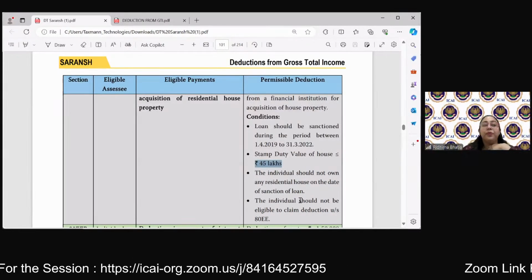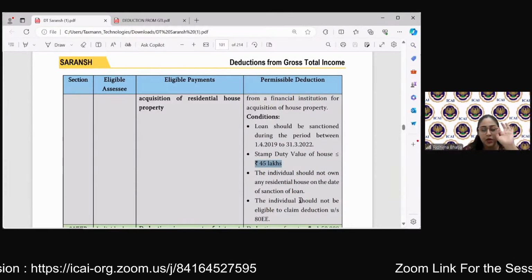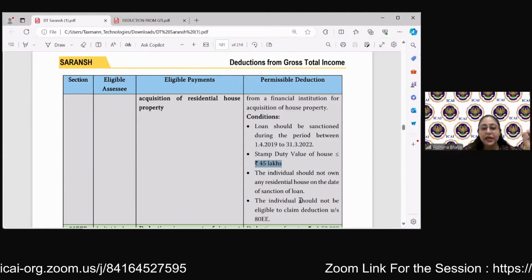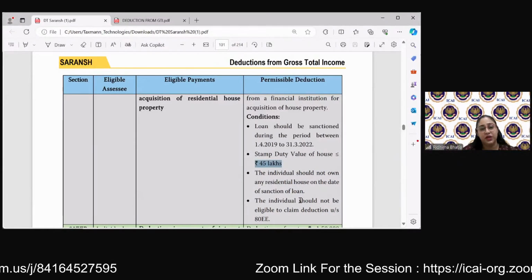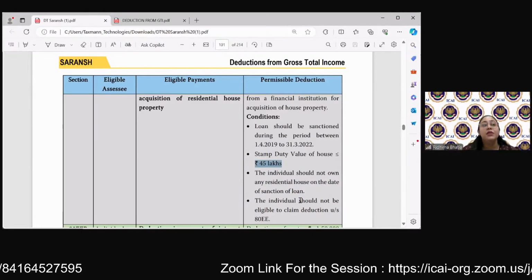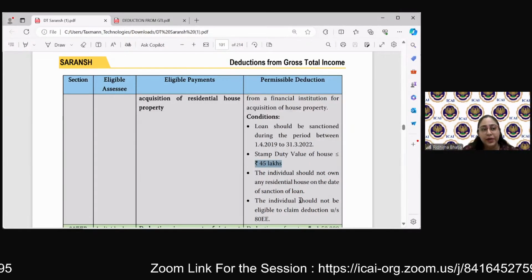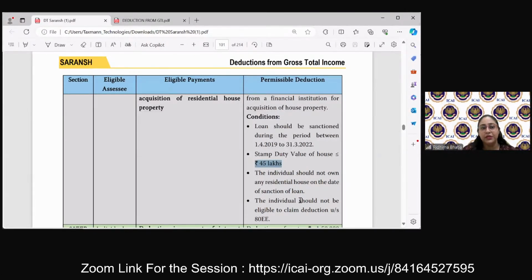Now, if you say, ma'am, okay, what if we have a let out property? I will say claim everything. If you have sufficient income, claim it under 80EE or 80EEA. Otherwise, claim everything under your interest, which is given under section 24. Why? Because for a let out property, there is no limit or restriction on claiming the interest.